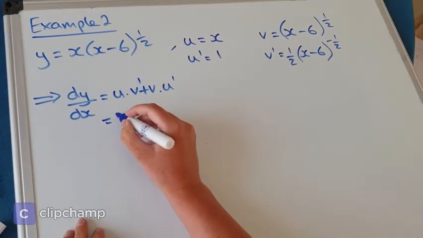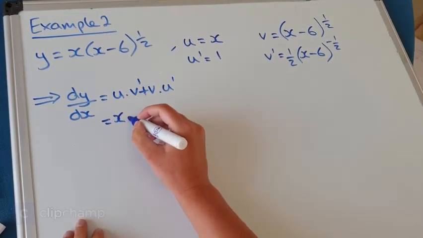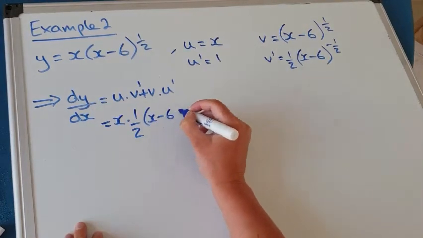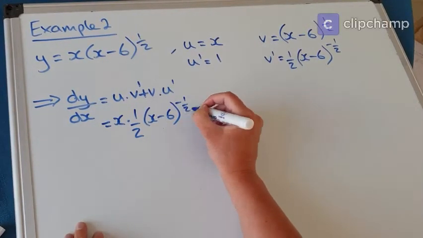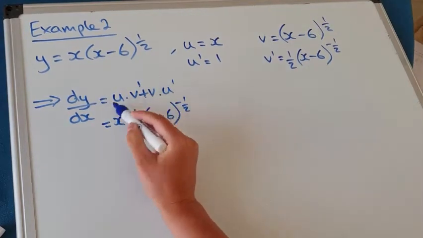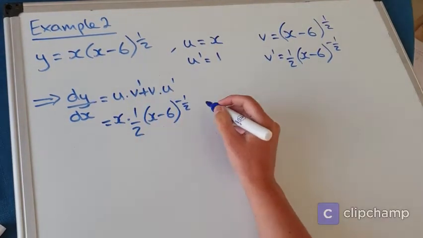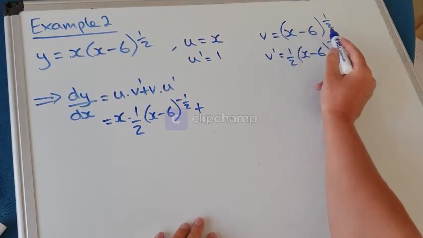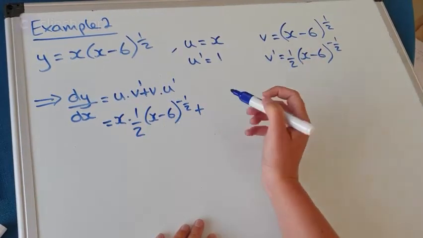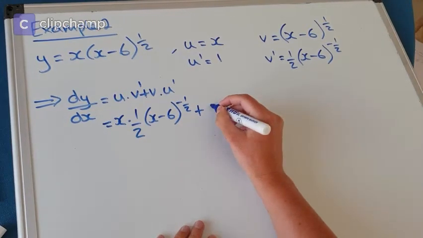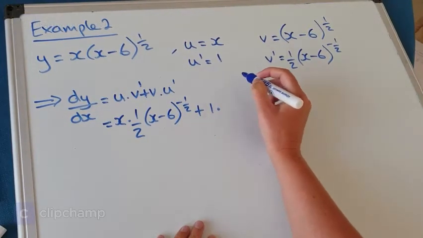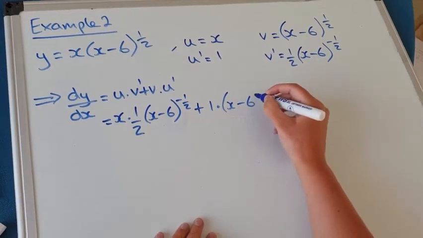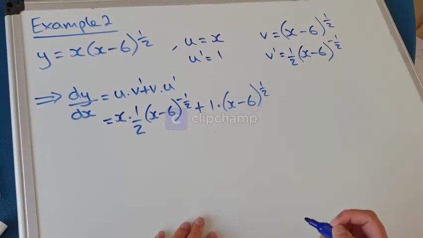So x being multiplied by a half, (x minus 6) to the minus a half. That's the u dot v dashed plus v dot u dashed. Now here's my v and here's my u dash. So I'm just going to write the u dashed at the front here, times (x minus 6) to the power of a half.